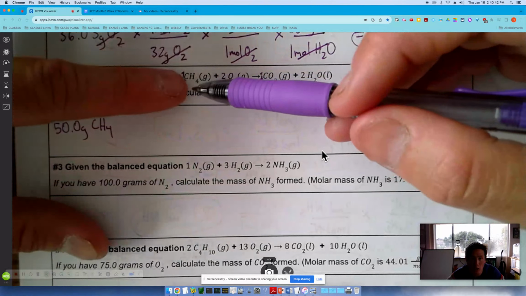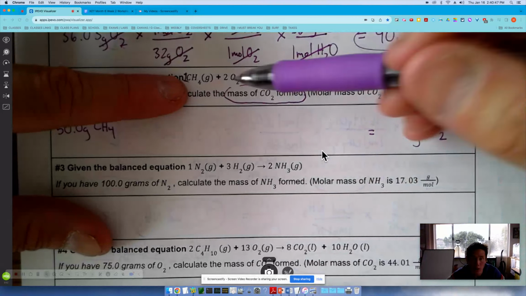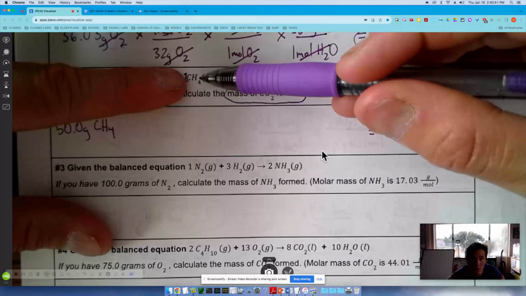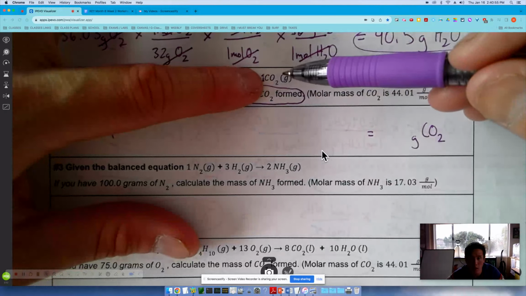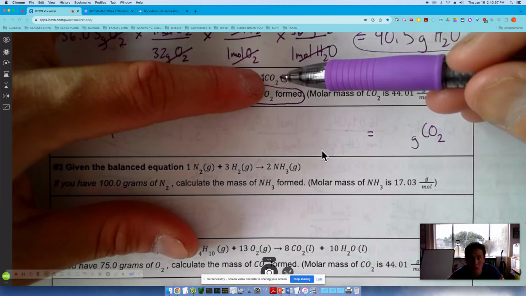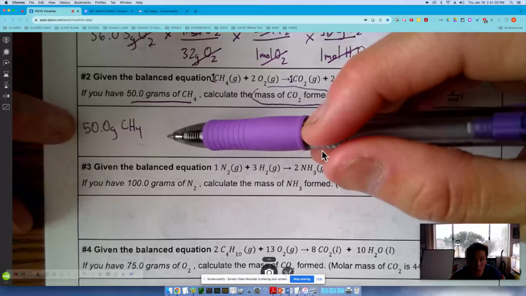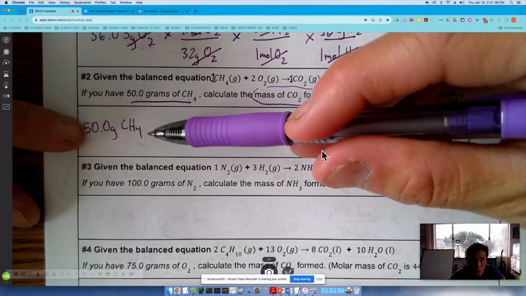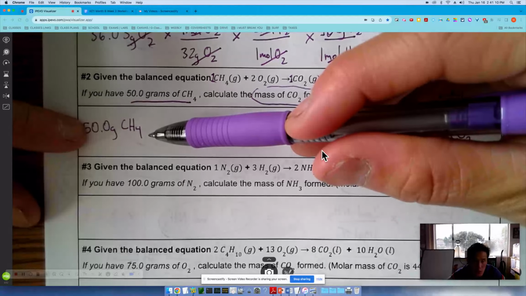Using this 1 to 1 ratio, if I have 3 times the amount listed here, that would make this 3 times more, so that would be 3 moles of CO2. That's great, but I don't know how many moles of CH4 I have, so I need to convert this into moles of CH4. You need the molar mass of CH4.